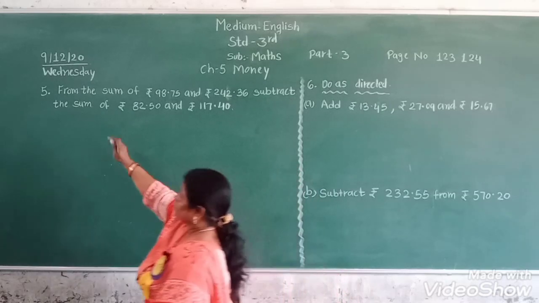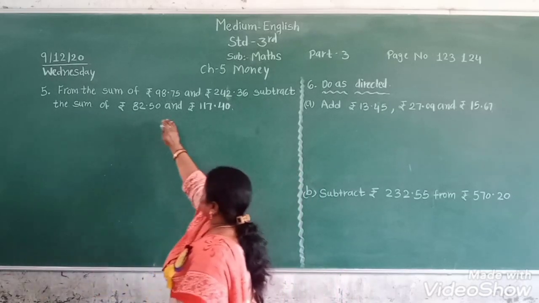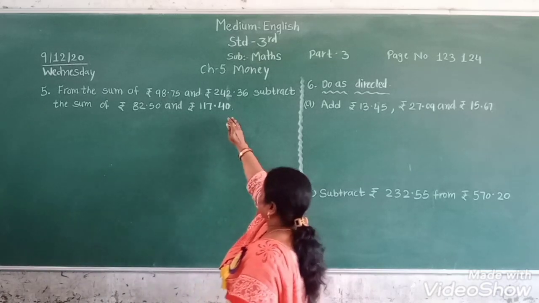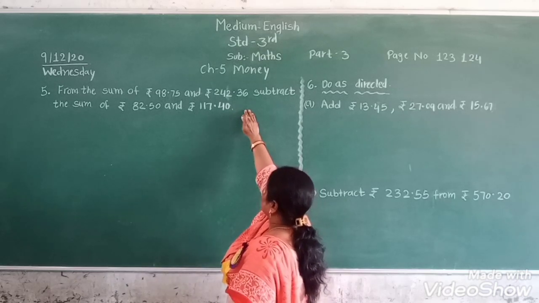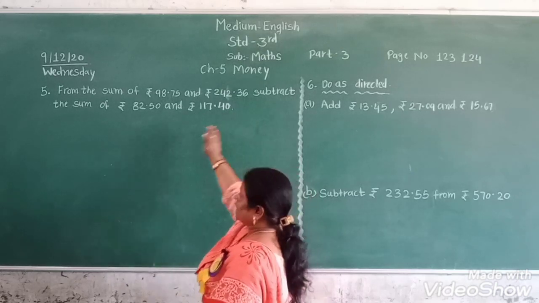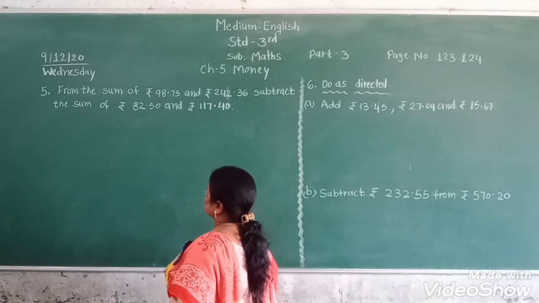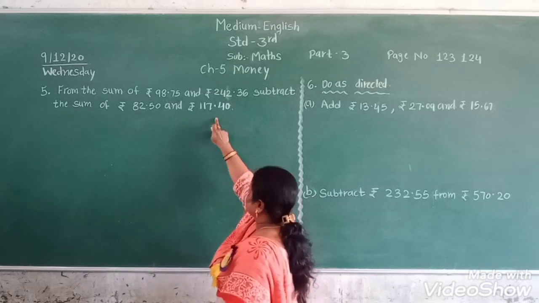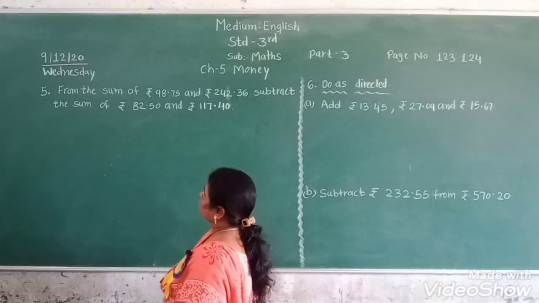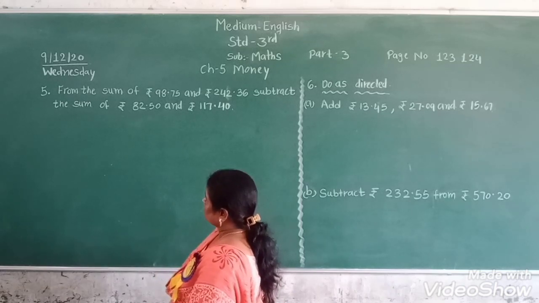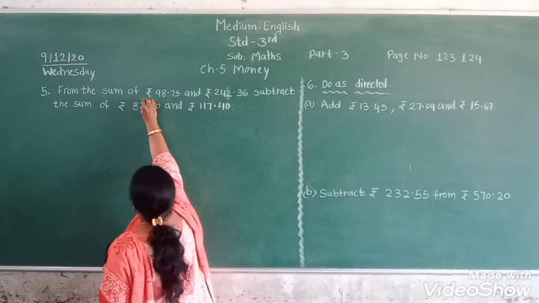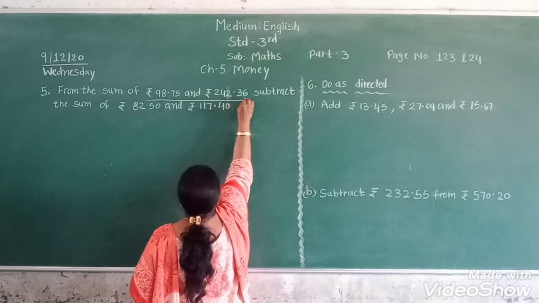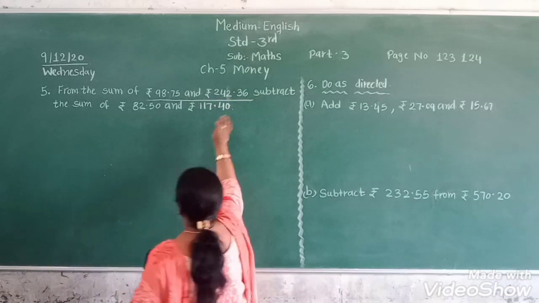Next sum, number 5. From the sum of rupees 98, 75 paise and rupees 242, 36 paise, subtract the sum of rupees 82, 50 paise and rupees 170, 40 paise. So first we do the sum of rupees 98, 75 paise and 242, 36 paise.